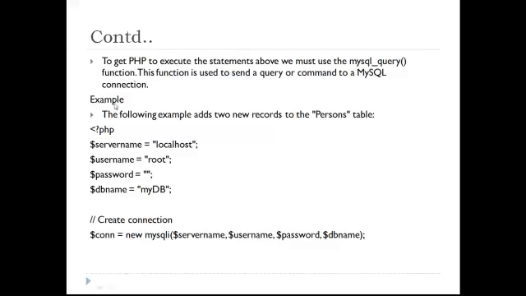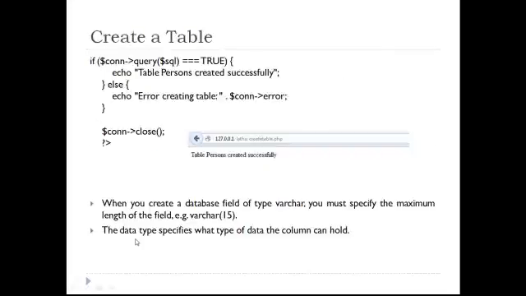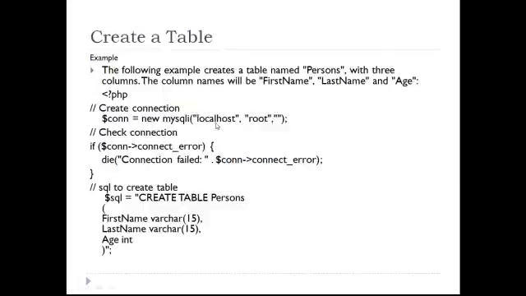So there are two methods for specifying the connection. One, we directly specify the server name, the username, and the password. Okay, this is for creating the table and the database alone, but when you go and manipulate any of the tables, then obviously you have to specify the name of the database also.